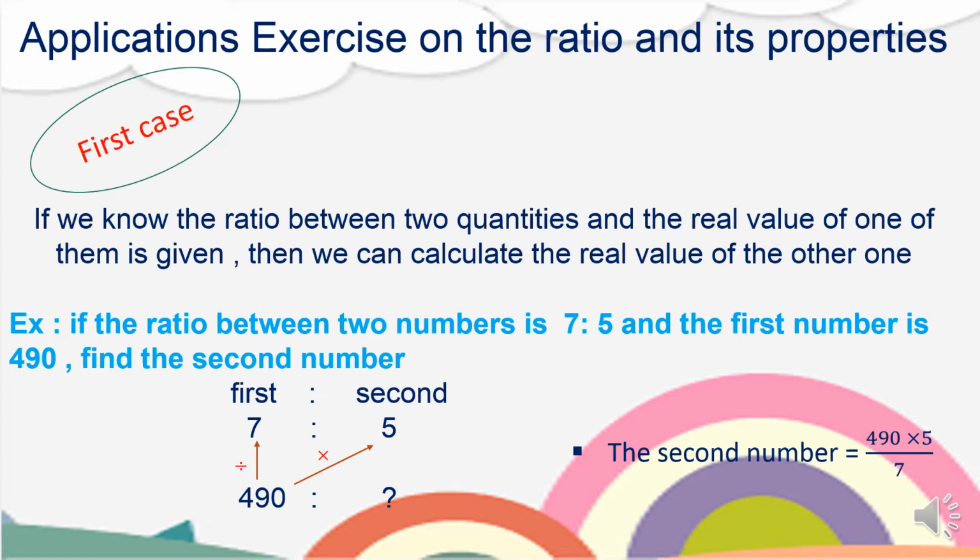So the second number equals 490 times 5 over 7, equal 350. So it's easy.